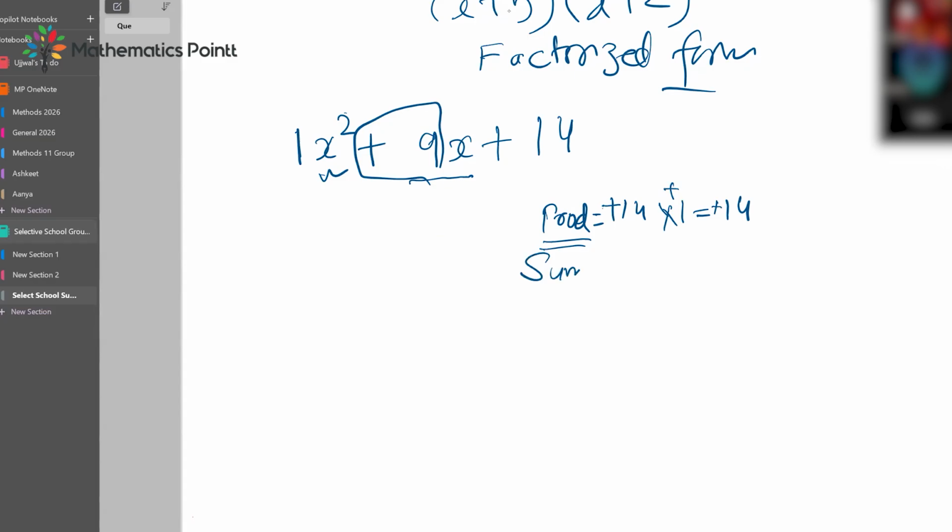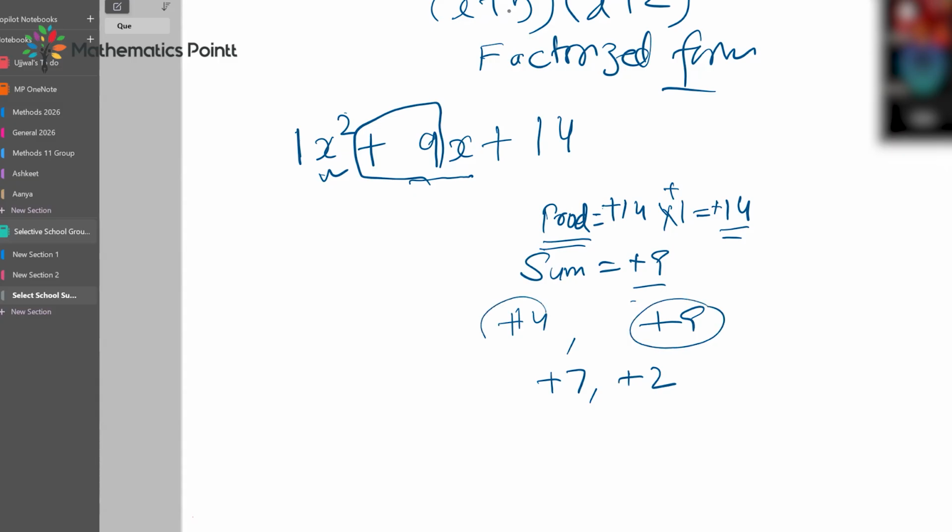So your sum is plus 9. Give me a pair of numbers that can multiply to give me a positive 14, and the sum should be positive 9. So the answer is positive 7 and positive 2, because when I add them, I get positive 9, and I multiply them, I get positive 14.